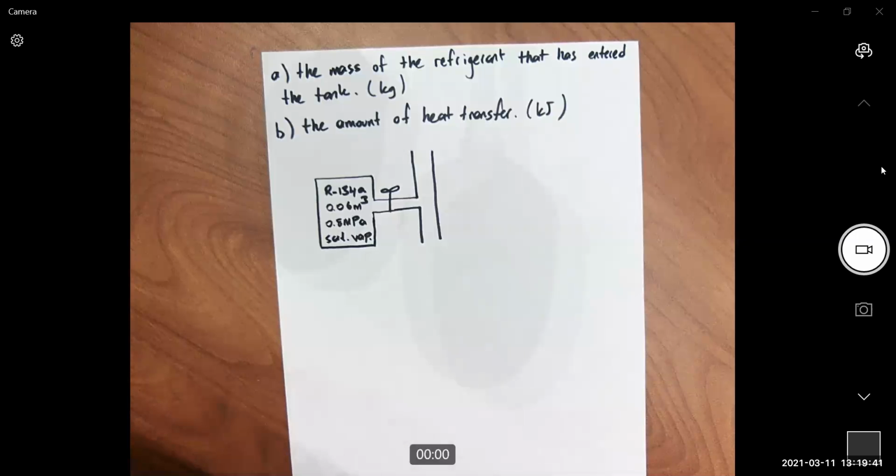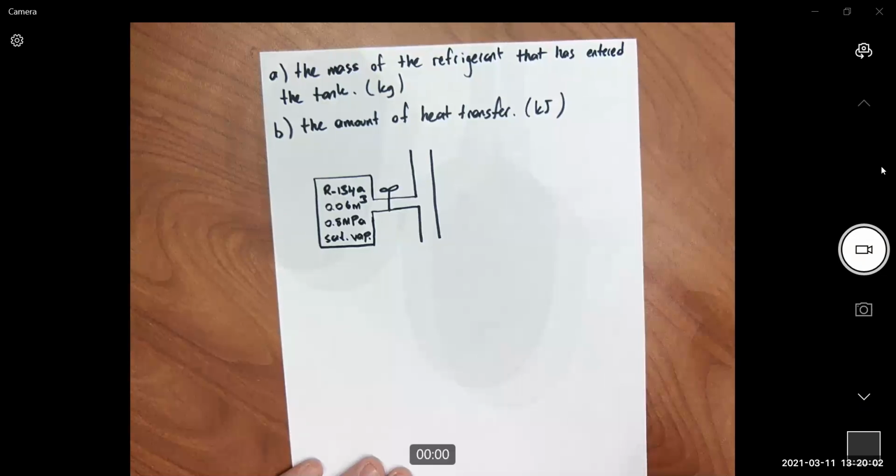That's enough to figure out what you have. Two properties, remember? State postulate: with two properties, you should be able to find the other properties. In this case, I know my pressure and I know my quality factor. That's it. Clear? Another question?